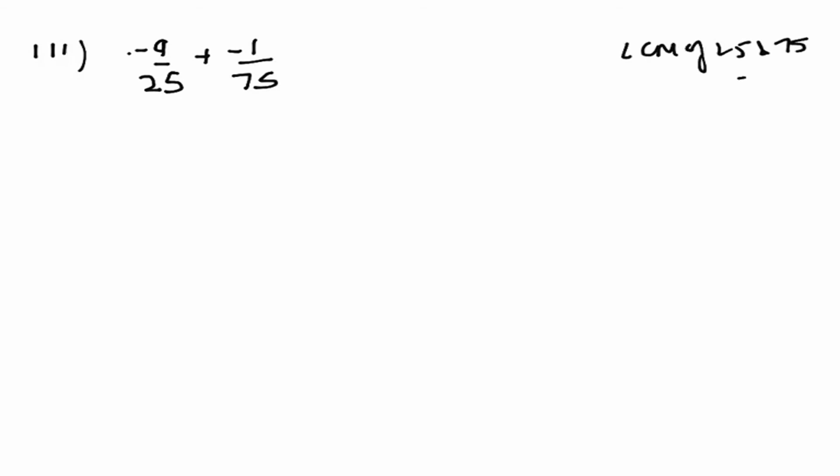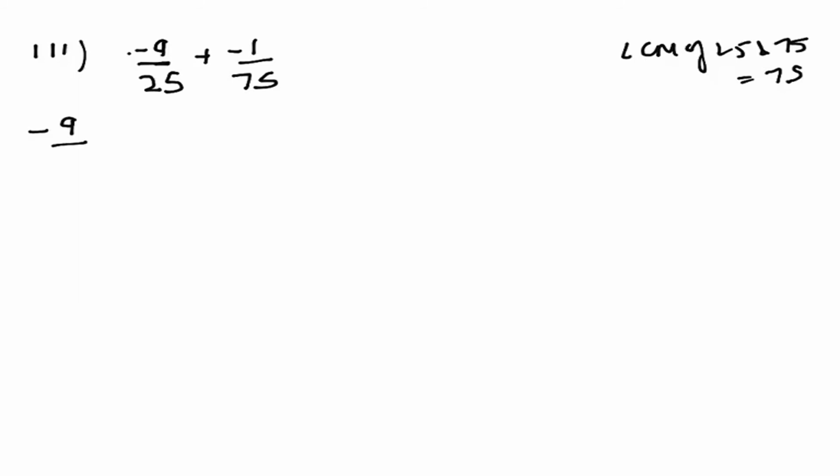Now another example, we have minus 9 by 25 and we are adding minus 1 by 75 to it. So the LCM of 25 and 75 will be 75. Here we have 75 in one number and we have to make 25 as 75.